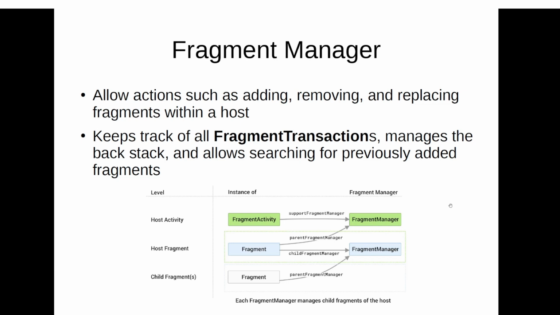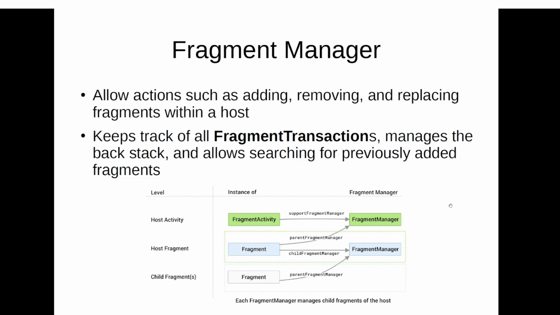So we can do things like add or remove or replace fragments within a host, or we can search for fragments, check for the presence or absence of a fragment. We can reverse transactions, because a fragment manager will maintain a set of transactions on what's called its backstack, similar to the way activities are stored in the backstack of a task. Fragment transactions are stored in a backstack managed by the fragment manager.